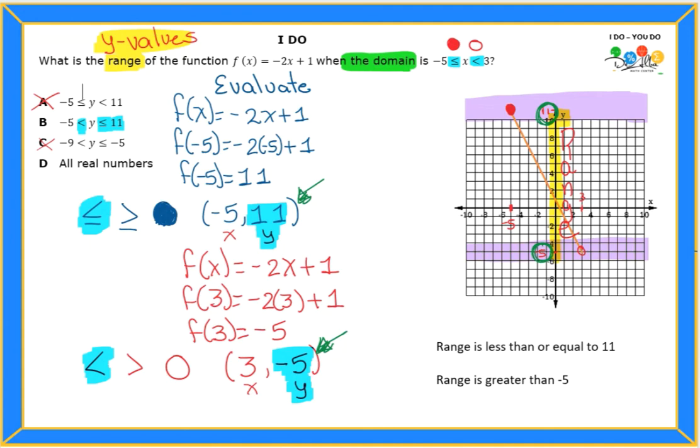We said range is y, right? So we're going to say range is less than or equal to 11, right? And the second one says range is greater, so greater means that it gets 2 cookies, right? It's greater than negative 5.